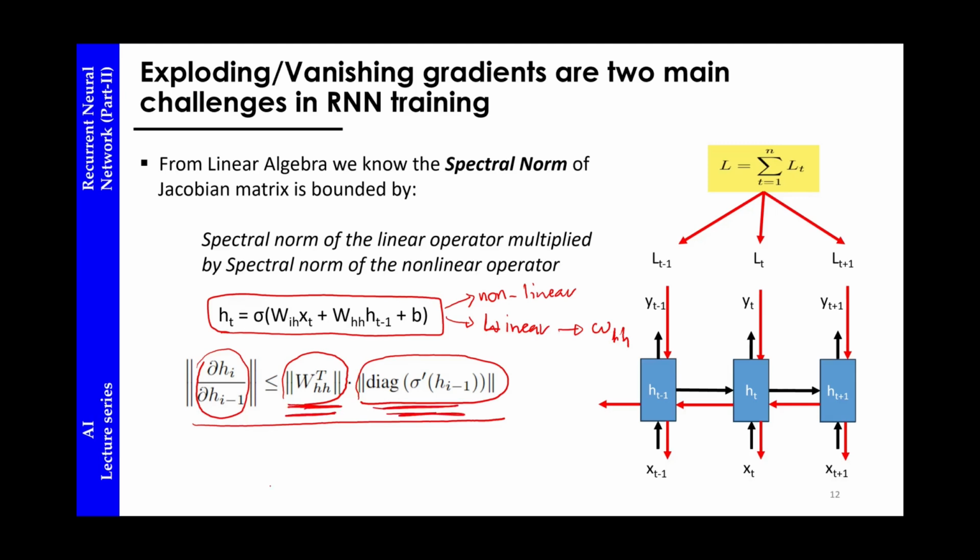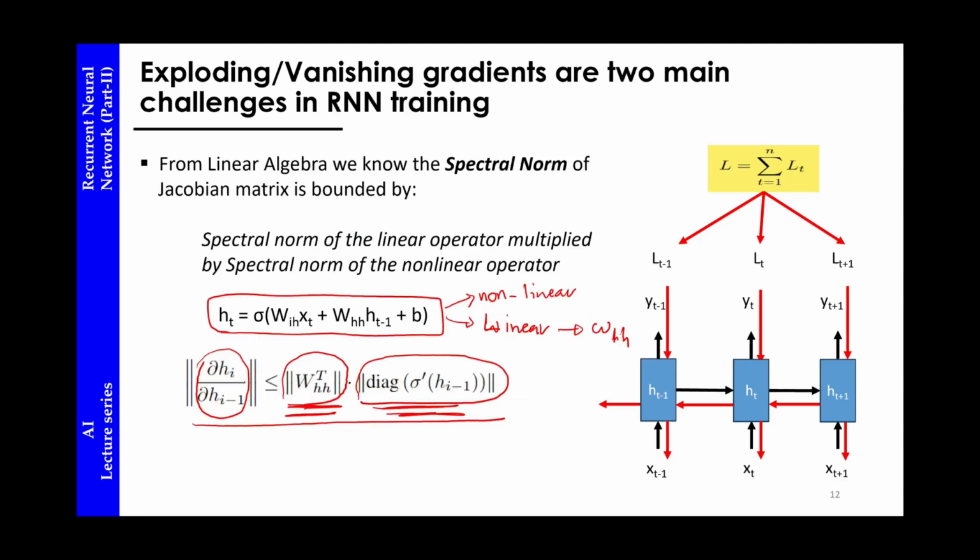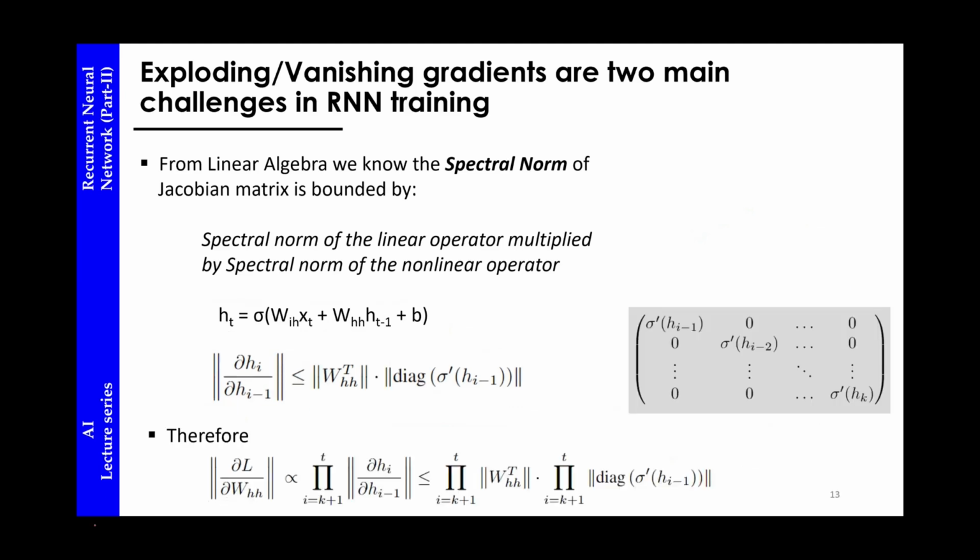Okay, but our problem, you remember from the previous slide, had a product form. We should show our problem with a product form. Then we should adapt this linear algebra formula to our own problem. Here I added the product to all of the items.